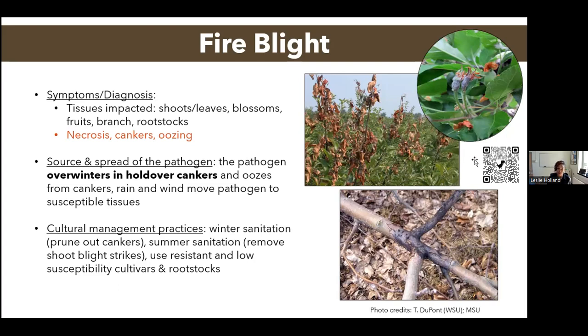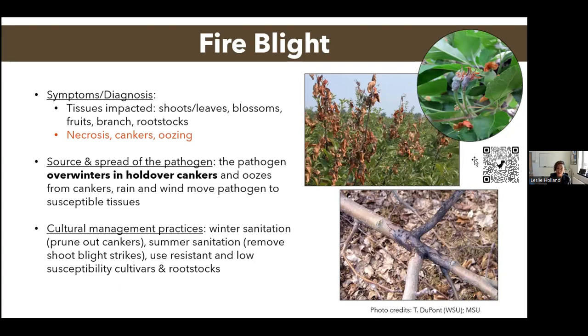As I mentioned, this pathogen does overwinter in those holdover cankers, so your winter pruning practices to remove these are going to be really critical. Rain and wind also move the pathogen during the growing season. When you have that ooze, it can quickly move and infect new emerging succulent tissues. In terms of cultural management practices, as I mentioned, that sanitation is quite critical to prune out any cankers.